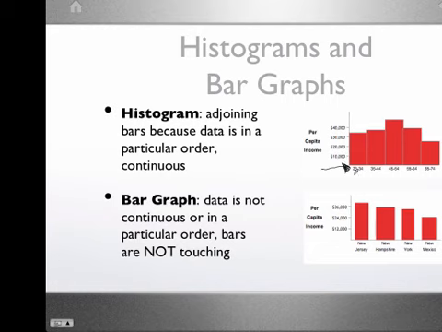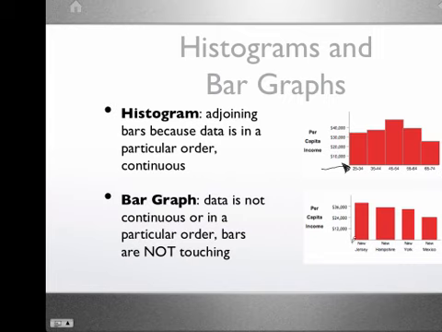I start at 25 and it goes all the way through to 74. Anytime that I'm working with continuous data and I want to group them in frequencies like this, a histogram would be a really good choice as far as a visual display goes.